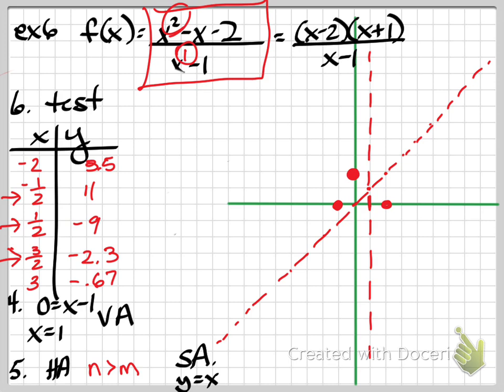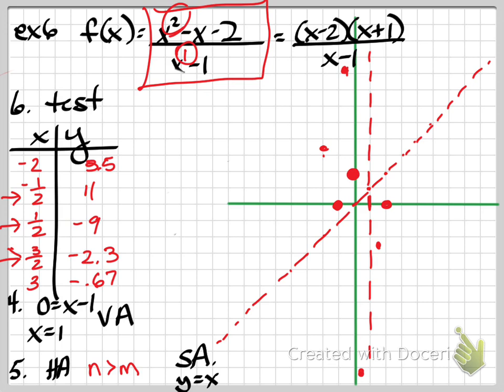So -2 is at 3.5, which would be about right there. -1/2 is at 11, so way up here. I didn't graph that quite right. +1/2 is at -9, so way down here. 3/2 is at -2.3, and 3 is at -0.67.